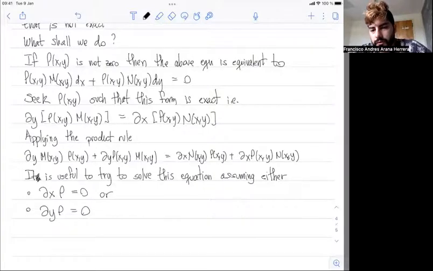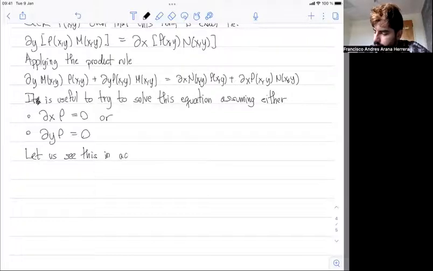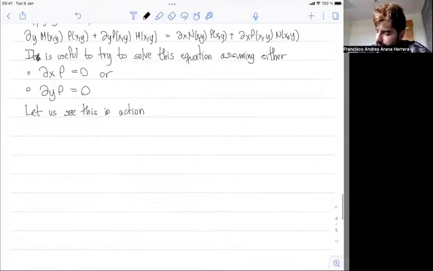So I could go on with the more general theory, but let's just see how this works in an example, and you'll see what I mean. Let us see this in action. So consider the following example.